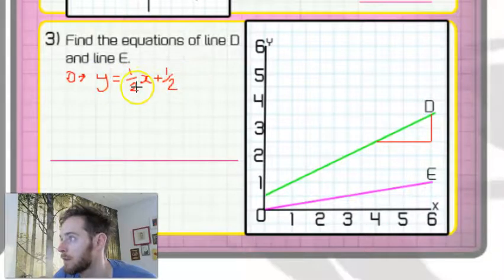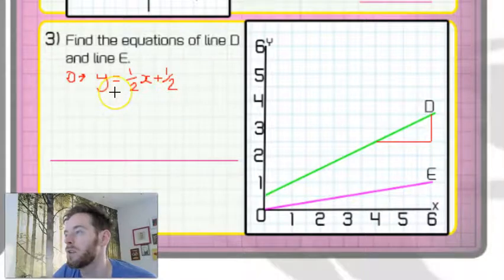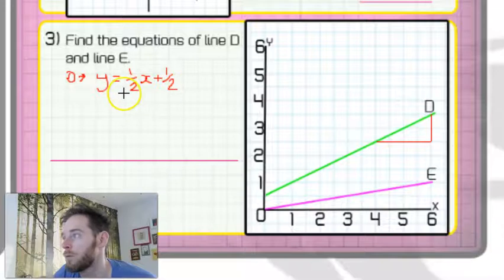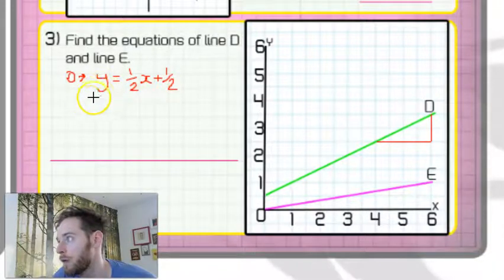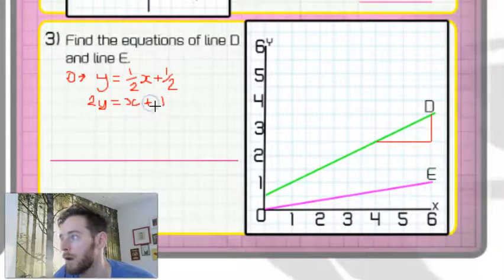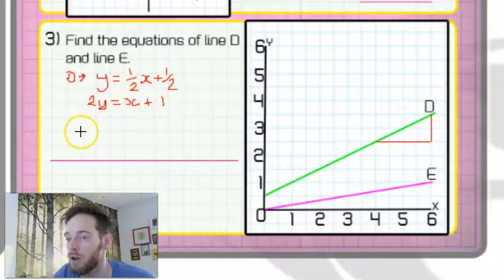That is something we could do because we're multiplying each of the terms through by 2. If it wants it in the form of y equals mx plus c, this does fine, right? But it might want it in the form of a number in front of y. Therefore, we'd have 2y is equal to x plus 1. I hope that makes sense. I've just multiplied all the terms through by the 2's that are on the bottom of the fractions on this side. If not, go and watch the algebra videos, all of them.